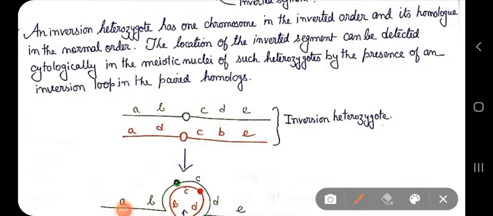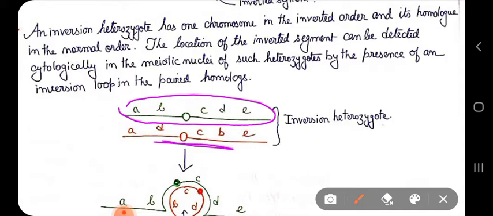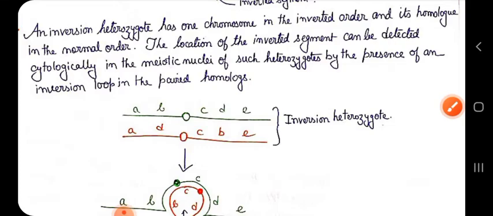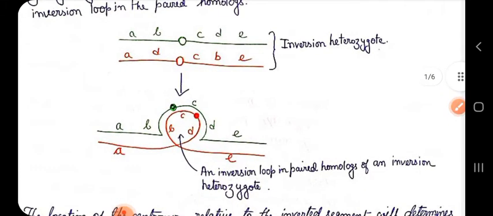You can see clearly that one chromosome of that homologous pair is normal, while the other chromosome has this inverted segment present. So this is called inversion heterozygote. And how they arrange themselves during meiosis, during the pachytene stage of meiosis, it will look like this.